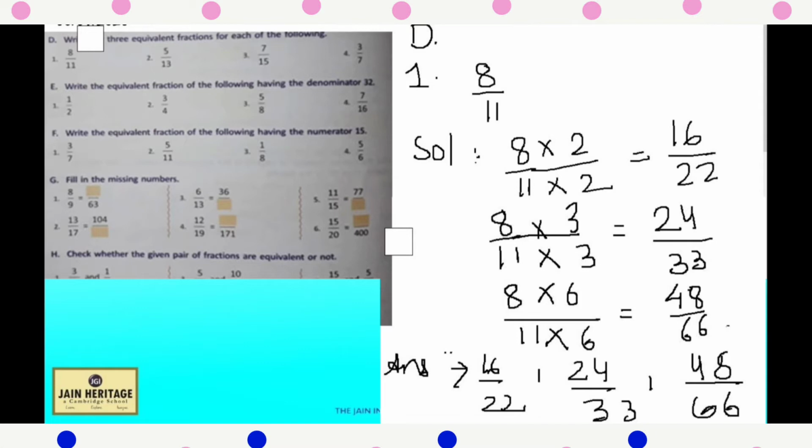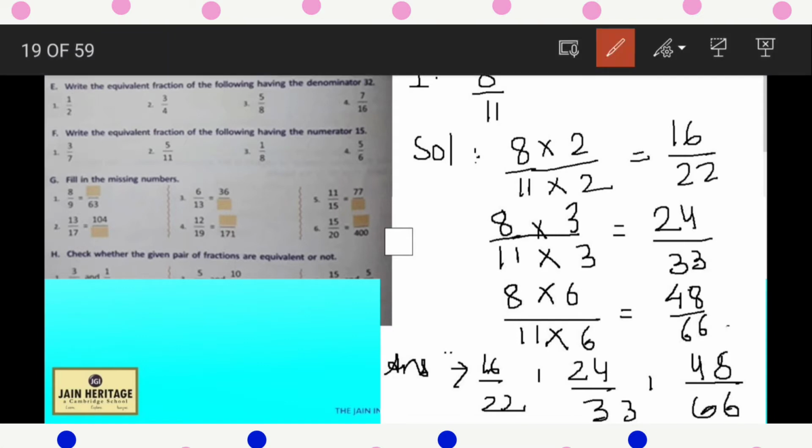So 3 equivalent fractions means what? You have to multiply the numerator and denominator by the same number, by 3 different numbers. For example, in the first one we have multiplied by 2. So 8 times 2 is 16, 11 times 2 is 22.